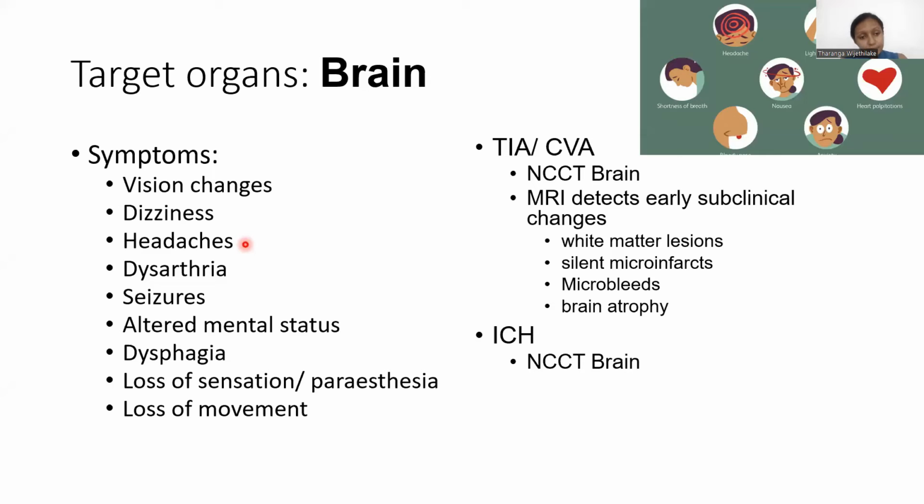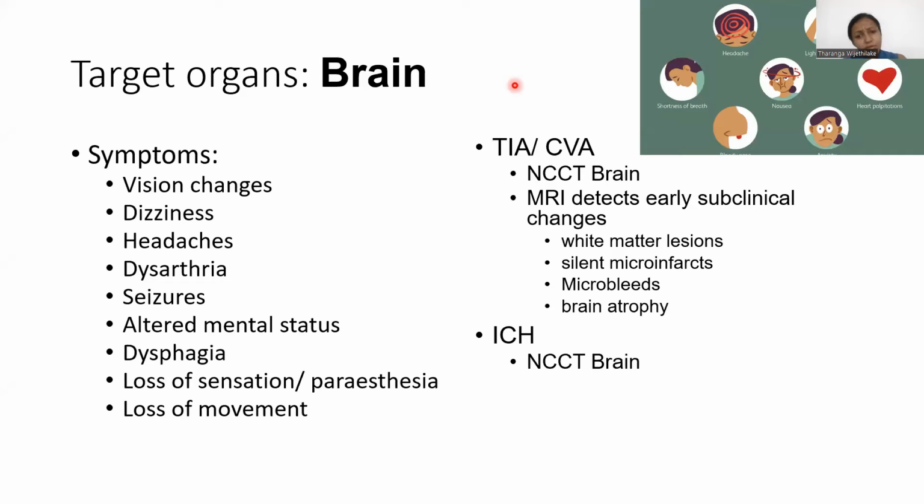So headaches, dysarthria, seizures, altered mental status, dysphagia, loss of sensation or paresthesia, loss of movement. These are all signs of a focal neurological impairment, which is telling us indirectly that the patient could be having a TIA or an ischemic stroke or ICH.